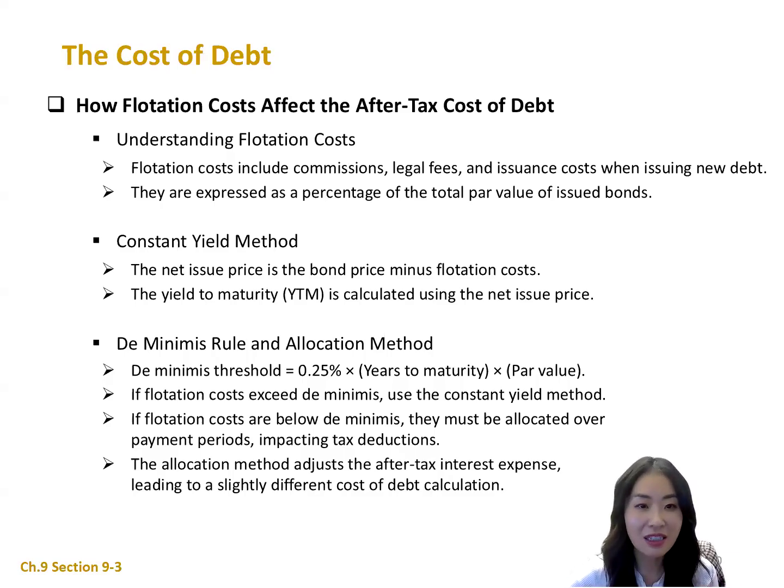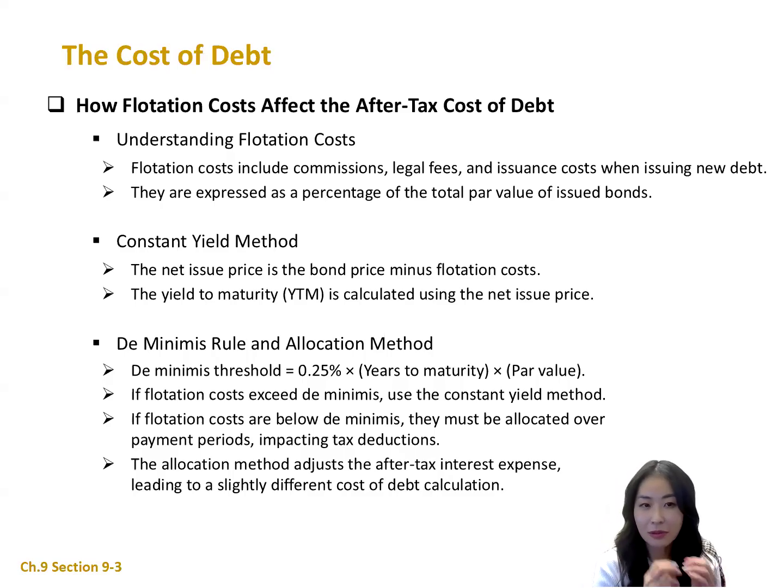The constant yield method is very simple, because you just take off the dollar cost of the flotation part and the remaining is the net issued price. Using the net issued price, you can use a finance calculator and plug in this number, find the cost of debt, and just multiply by 1 minus tax. This is the after-tax cost of debt.